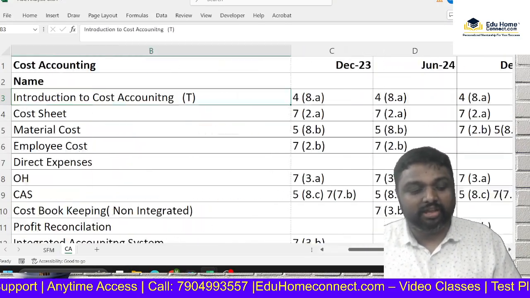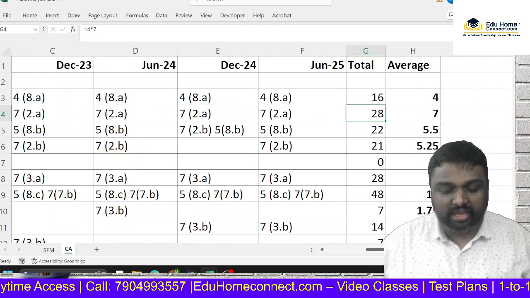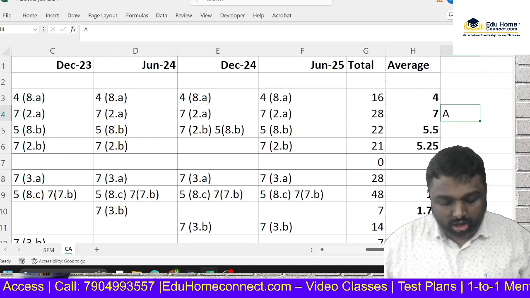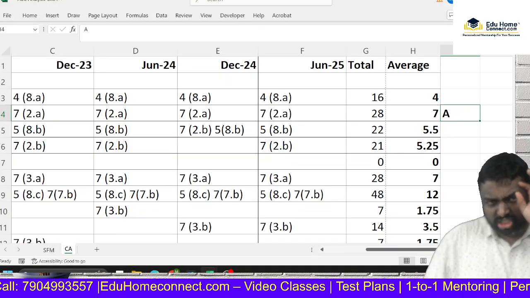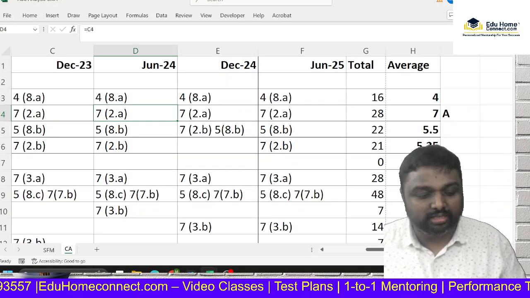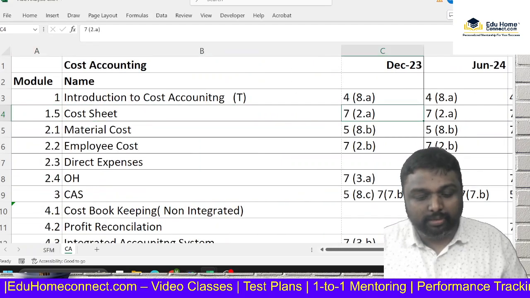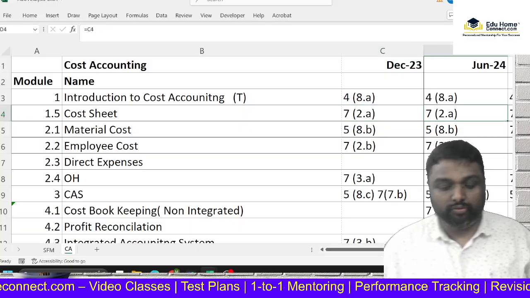So this is coming every exam for 4 marks. See, the cost sheet, which I would like to call the A part. Every time one cost sheet is coming, friends, for which you will get 7 marks. So this cost sheet is a part you have to learn. Since this is coming as a 2A, let me tell you, this is a mandatory problem question for you.